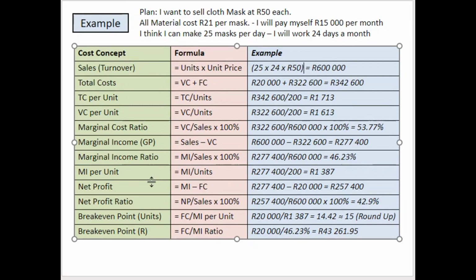Okay. And so I'm going to take out my calculator, and I am now going to do that calculation. So let me see. So it's 25 times 24 times 50, and I see that it is 30,000 Rand.